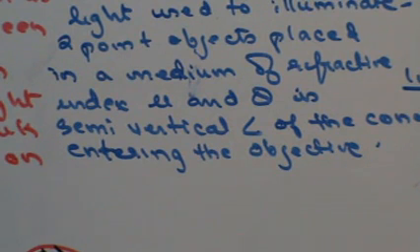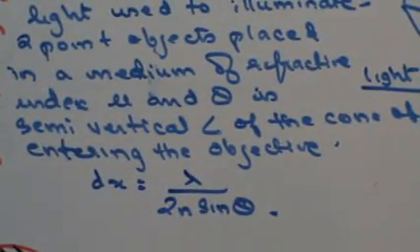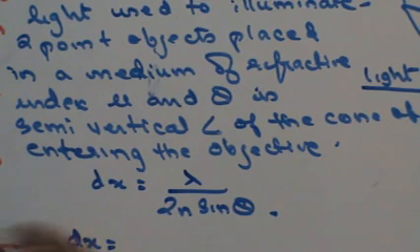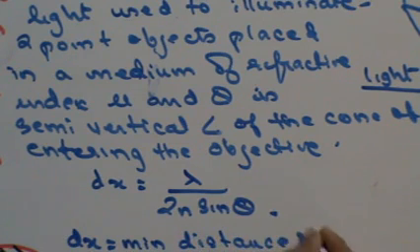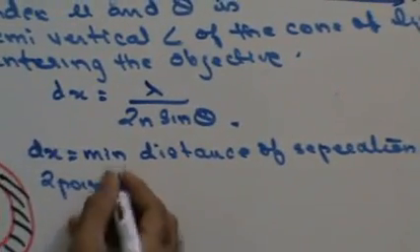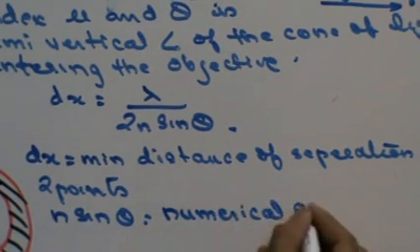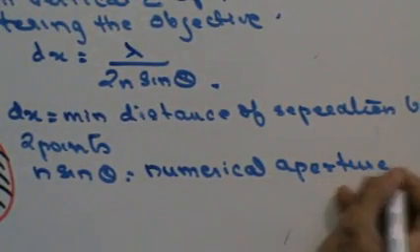According to the physicist Abbe, the minimum distance at which the two objects can be placed is lambda upon 2n sine theta, that is, the wavelength of light divided by 2n sine theta, where dx is the minimum distance of separation between 2 points. n sine theta is defined as the numerical aperture of the objective.